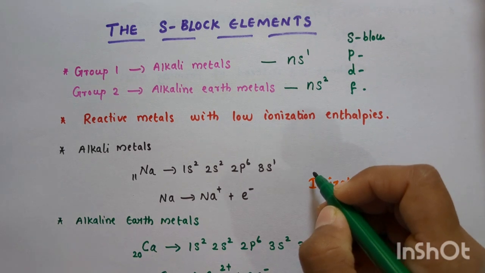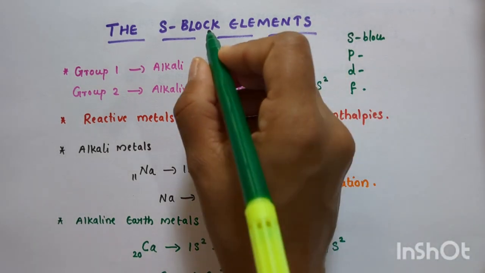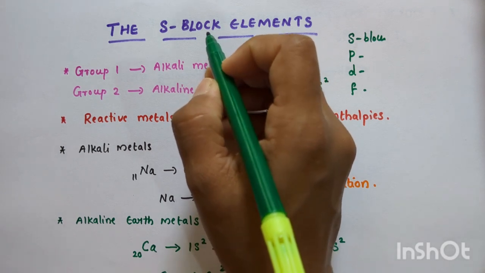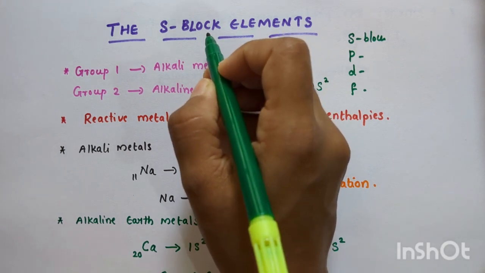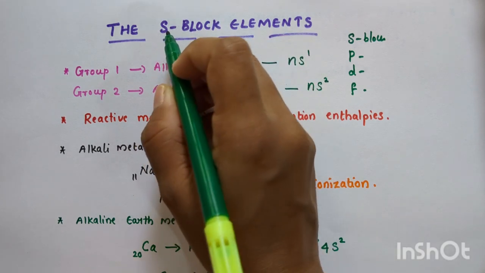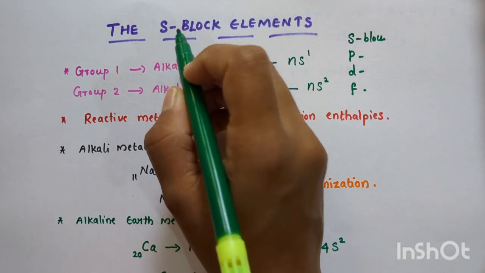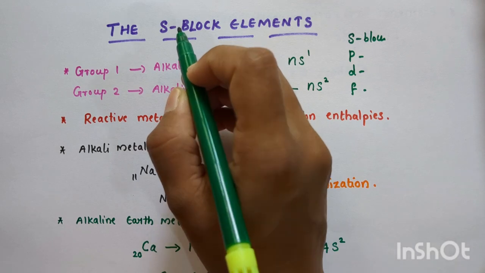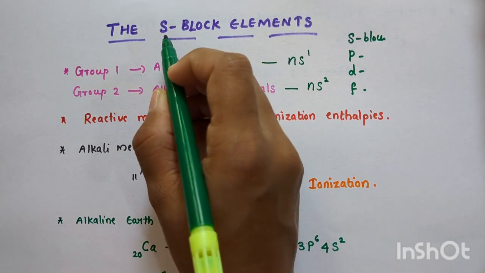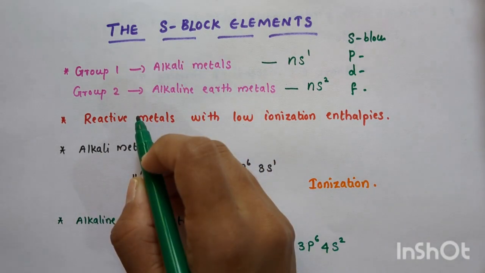When you consider the S block elements, these are the elements in which the last electron enters the outermost S subshell.